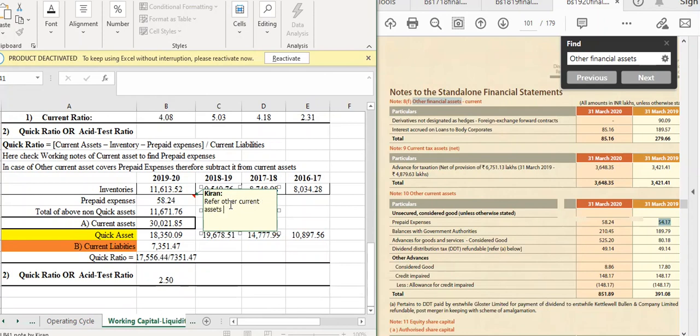Okay, so that you have to find. Here in my balance sheet I am referring to the other current assets working note to find prepaid expenses. Okay, because prepaid expenses only we have to consider. Okay, done. So here and for the next year, we have found.